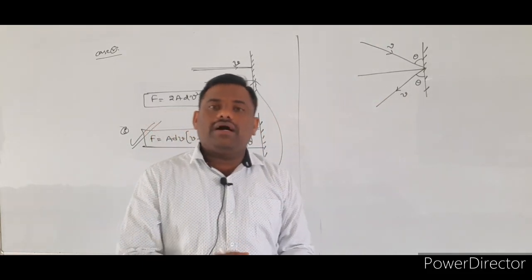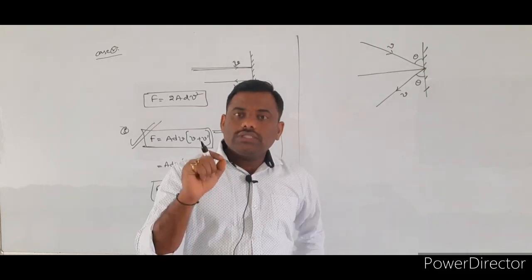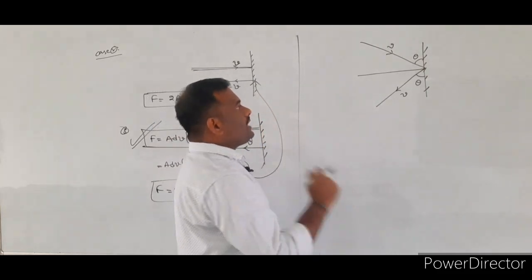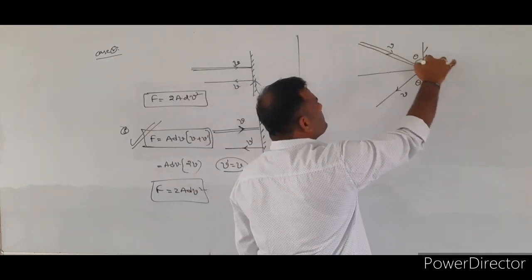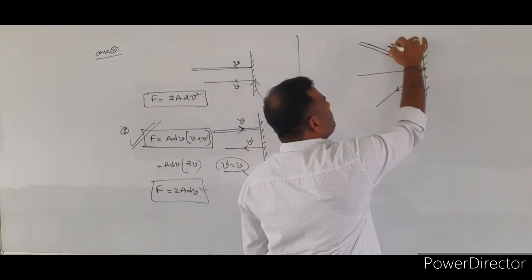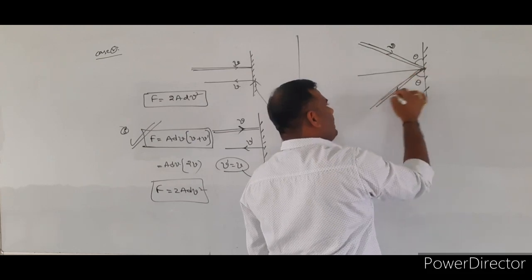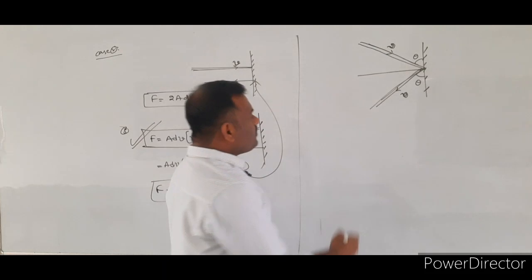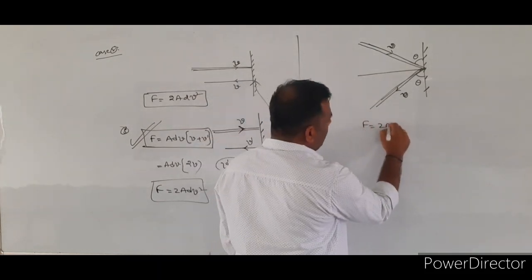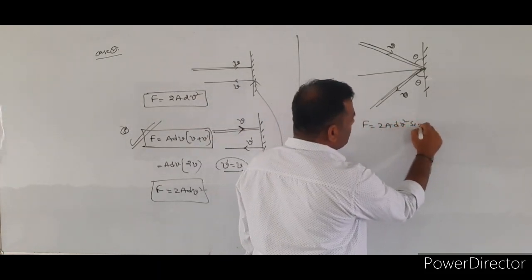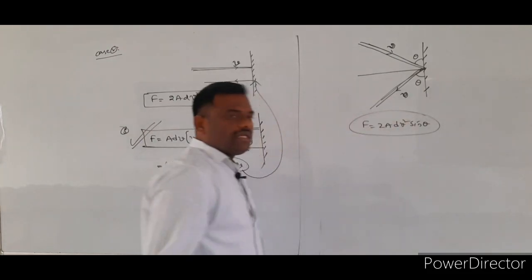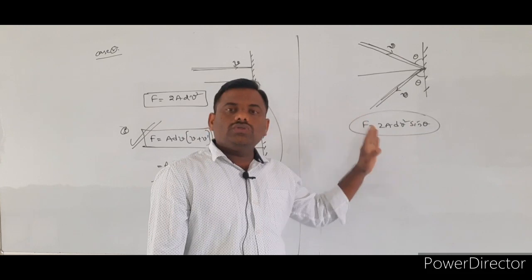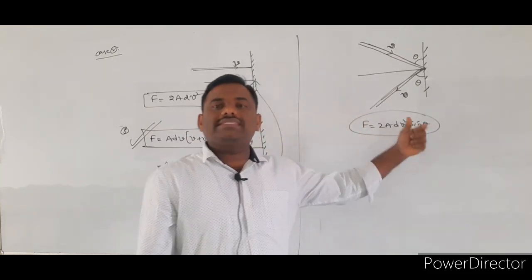There you wrote the formula delta P is equal to 2mv sin theta. So here also, whenever the water jet strikes the vertical wall with a speed V and bounces back with the same speed by making the same angle with the vertical wall, the force exerted by the water jet over the vertical wall is given by F is equal to 2AdV square into sin theta.